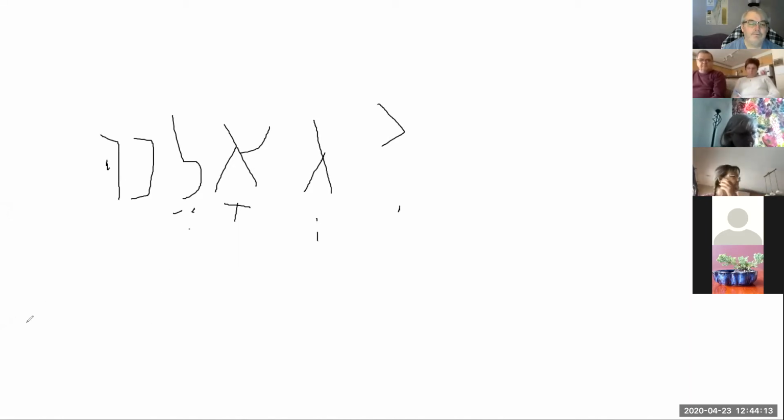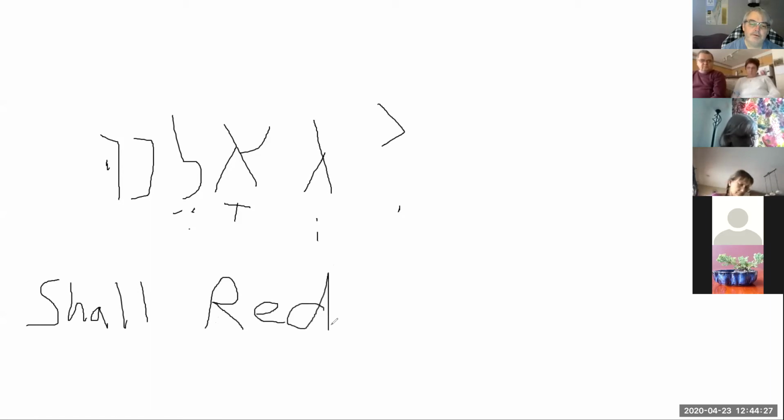And what the phrase here means is shall redeem him. The yod in the beginning makes it what we'd call future tense or imperfect in the Hebrew, meaning it's not completed yet. So this is referring to shall redeem him in the verse, right? And it's one Hebrew word, even though in the English it's three English words.